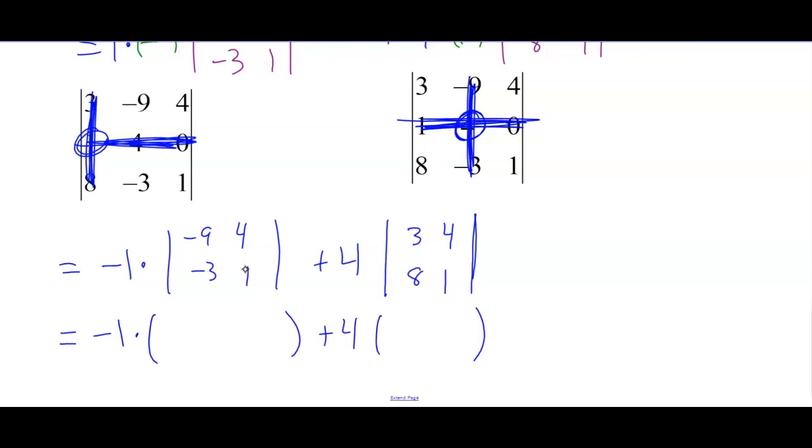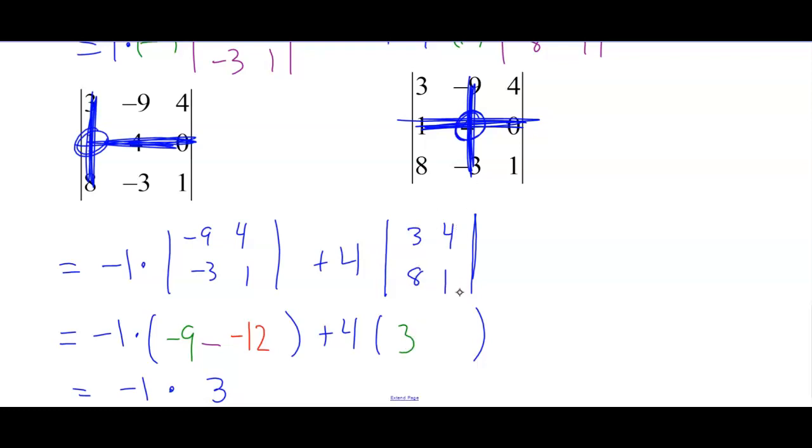So let's see, 2 by 2s. Got to think back, how did we do 2 by 2s? There's a downward diagonal. -9 times 1 is -9. There's an upward diagonal. -3 times 4 is -12. And we subtract them. So that's going to be -9 plus 12 is going to be 3. For the second one over here, the downward diagonal, 3 times 1 is 3.